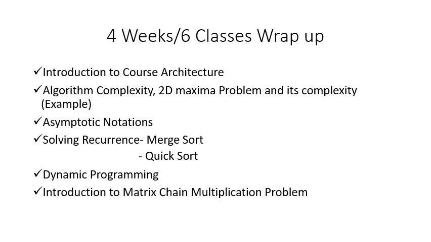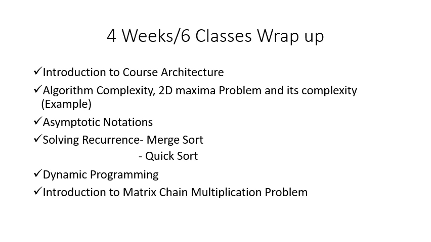We started our course with algorithm complexity, and in that we studied the problem of 2D maxima and computed its complexity. Next we studied asymptotic notations: theta notation, big O notation and omega notation, and also their mathematical definitions.